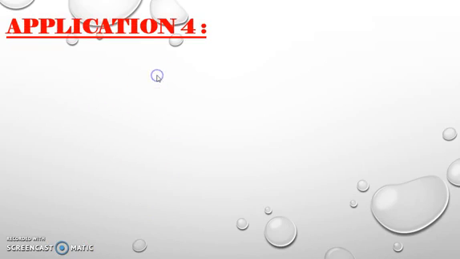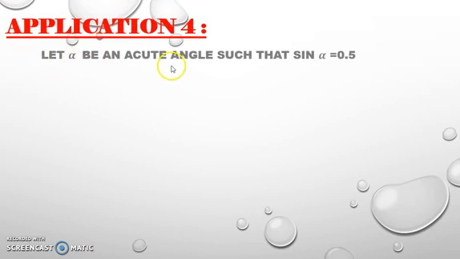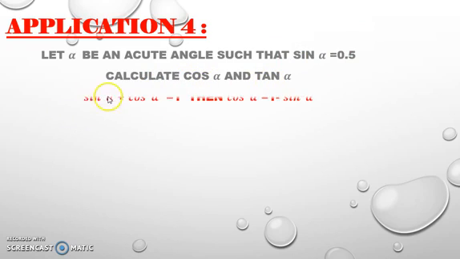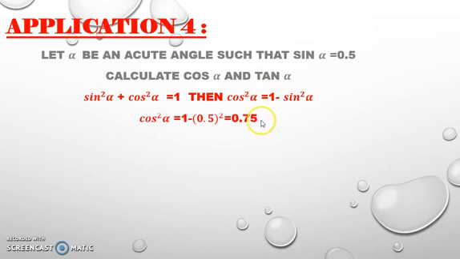Application 4. Let alpha be an acute angle such that sine alpha is equal to 0.5. The question is to find cosine alpha and tangent alpha. Apply the second rule, sine square alpha plus cosine square alpha is equal to 1. We need to find cosine, then cosine square alpha is equal to 1 minus sine square alpha. Replace sine alpha by its value 0.5 and we get cosine square alpha is equal to 0.75.